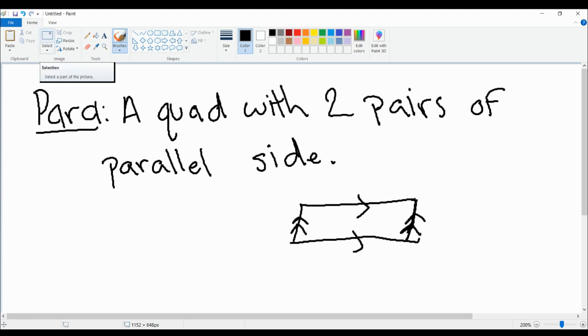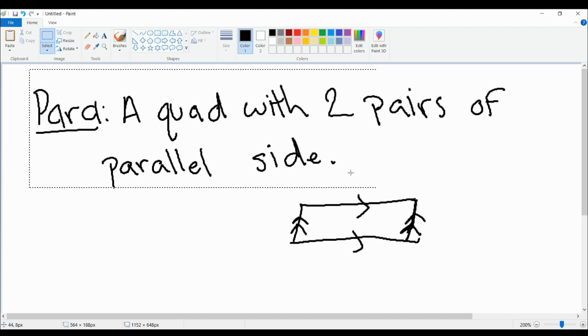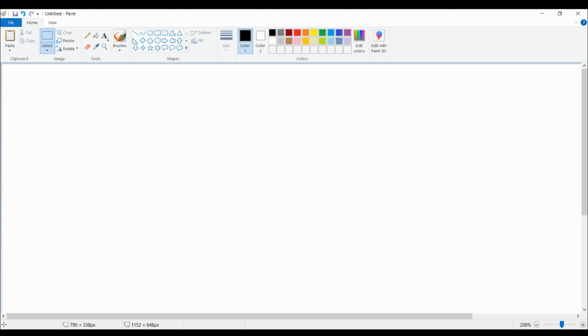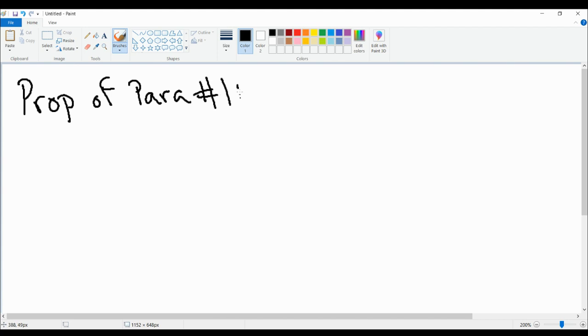Okay, so a parallelogram has some properties that come with it. Just like how polygons had theorems, parallelograms come with properties. So property of parallelogram number one. What this property states is that if a quadrilateral is a parallelogram, then the opposite sides are congruent.